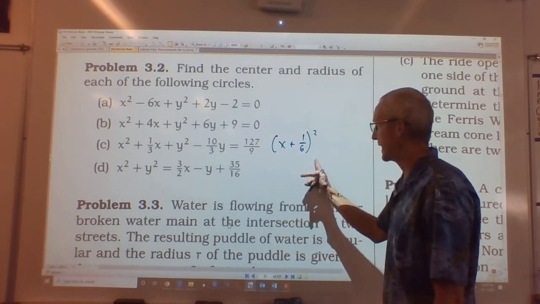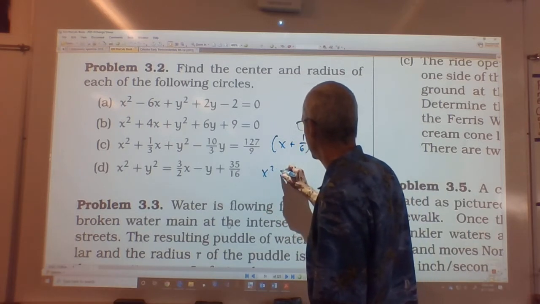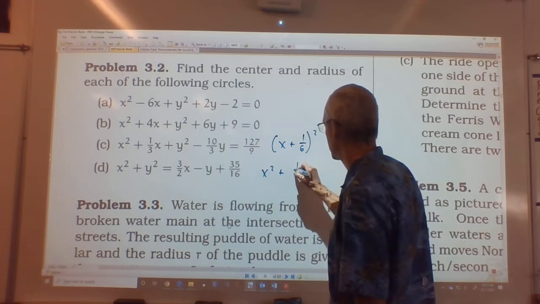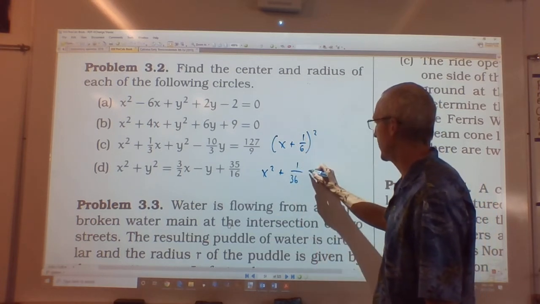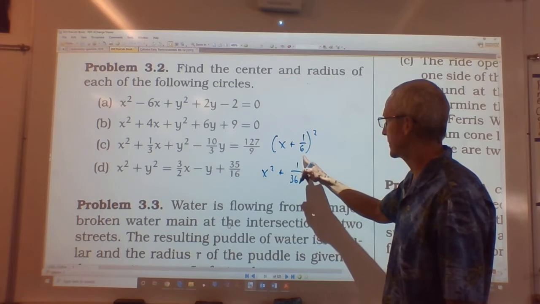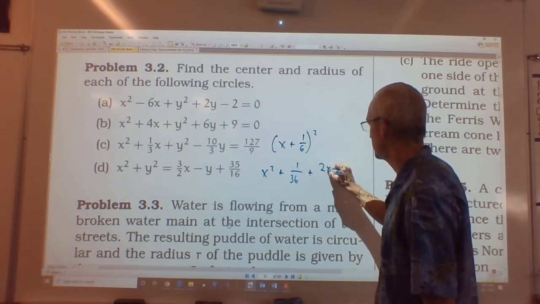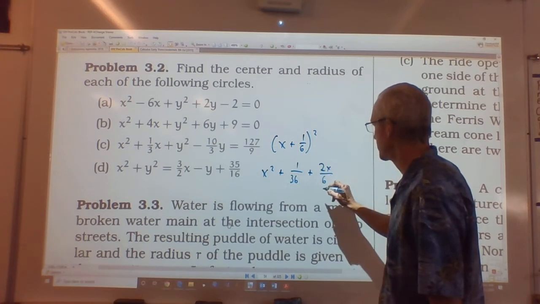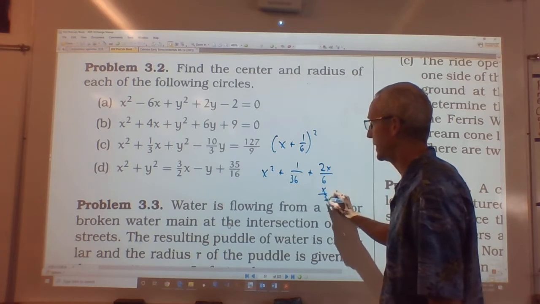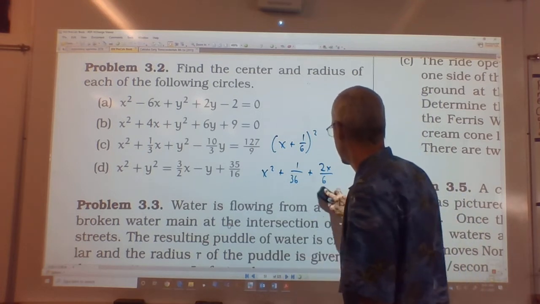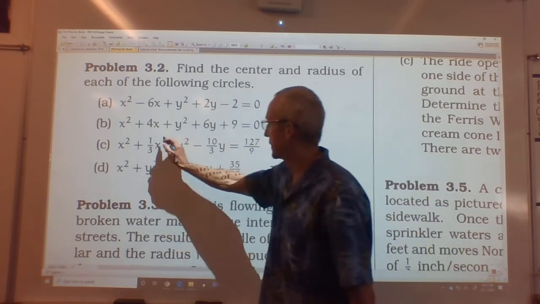Now, if we square this out, just to check, it's going to be x squared plus this squared, which is 1/36, since 1/6 times 1/6 is 1/36, plus 2 times them multiplied together. Multiplied together is x over 6, so that's 2x over 6. 2x over 6 is the same thing as x over 3, or 1/3 x, which is what we had, right?